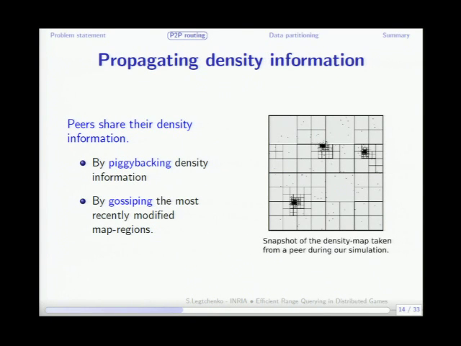Then the peers share the local information to acquire a global state. We use two mechanisms to acquire the global state. The first is piggybacking density information onto existing messages, and we also use a gossip algorithm that propagates recently modified regions.